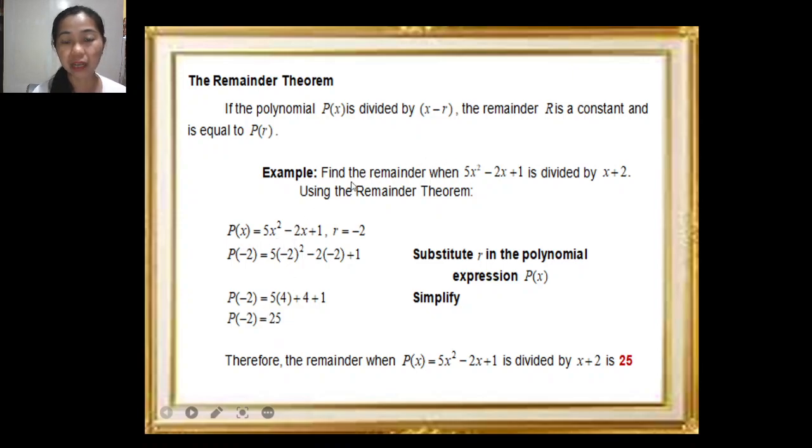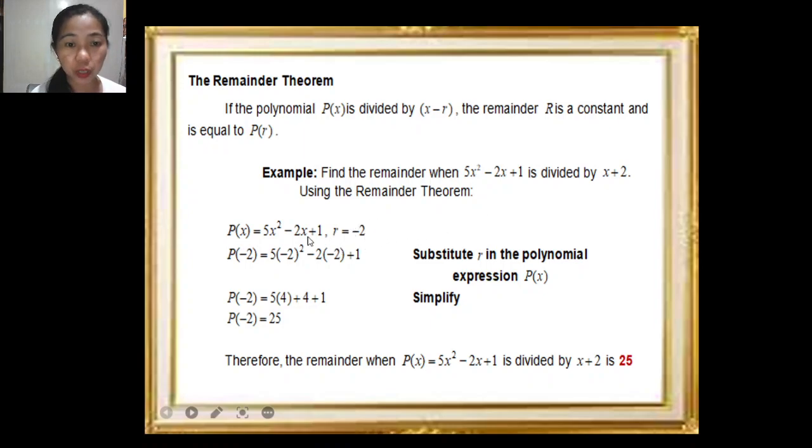So, ito na ngayon. Find the remainder when 5x squared minus 2x plus 1 is divided by x plus 2 using remainder theorem. So, the polynomial p of x is 5x squared minus 2x plus 1. And the value of r coming from our divisor x plus 2, the value of r is negative 2.